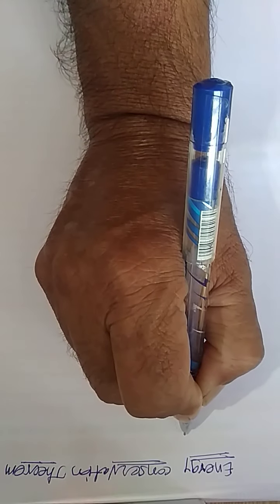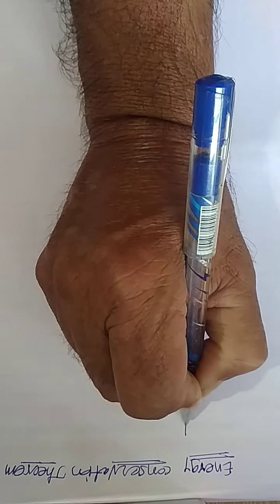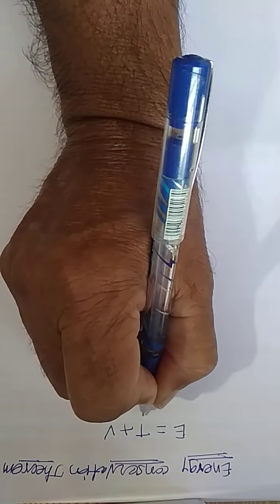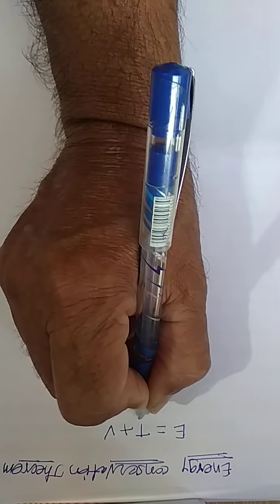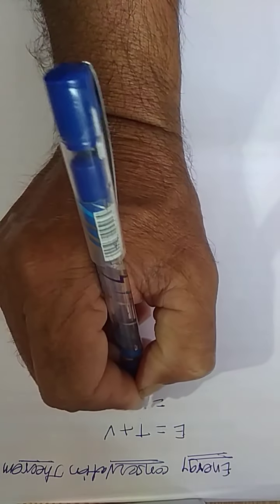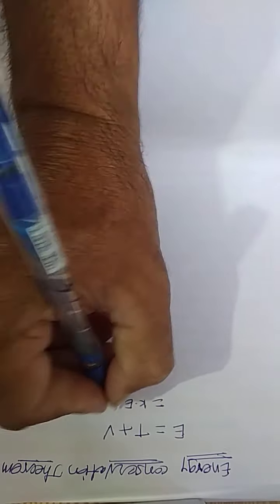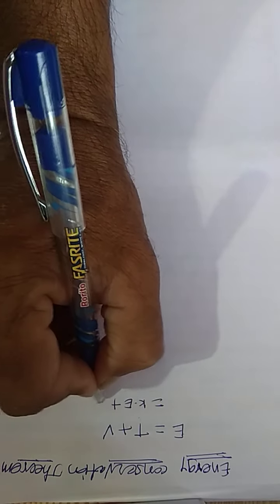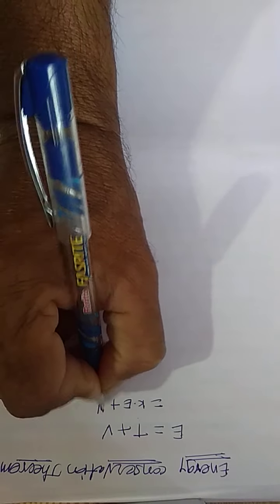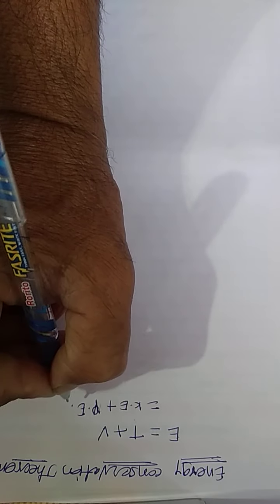Energy conservation theorem. The energy conservation theorem states that the total energy of a particle, capital E, equals T plus V. That is, the total energy of a particle is nothing but the sum of kinetic energy and potential energy, where T is the kinetic energy of a particle and V is the potential energy of a particle.